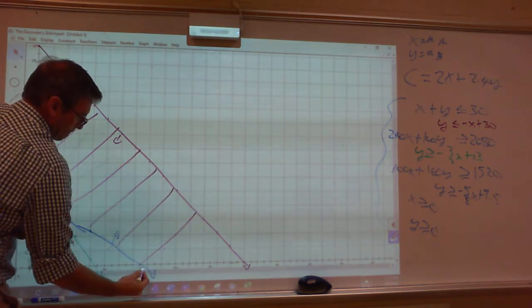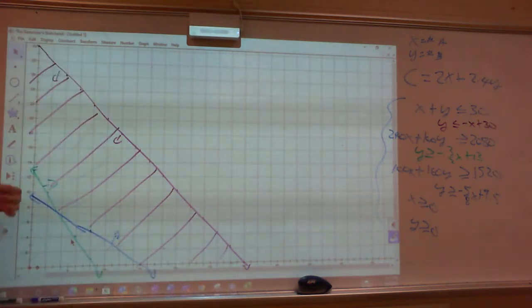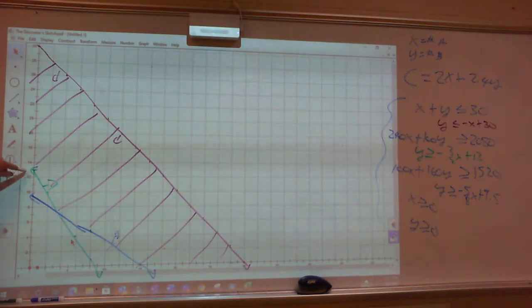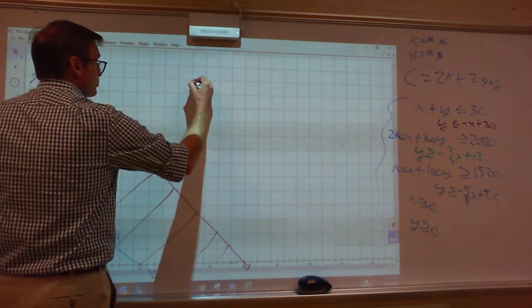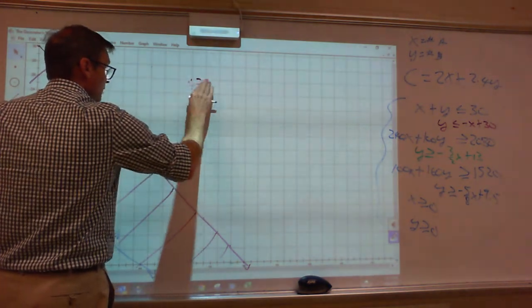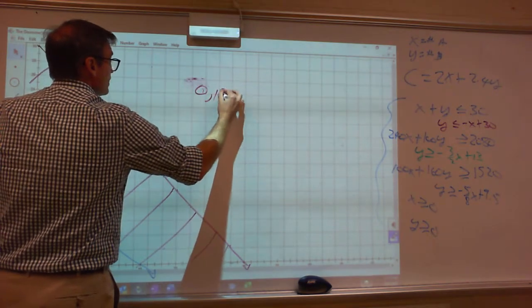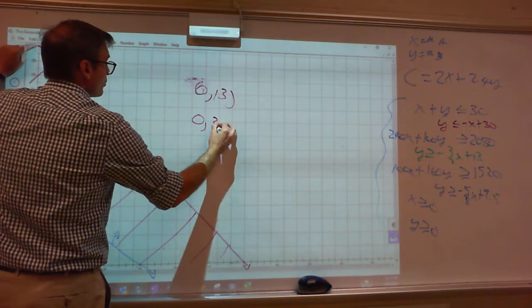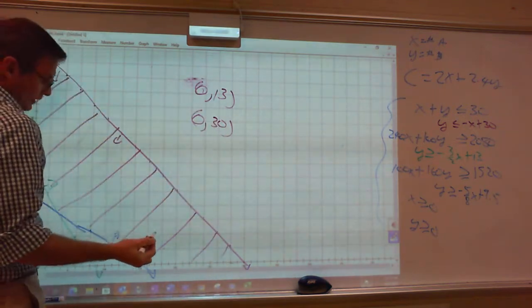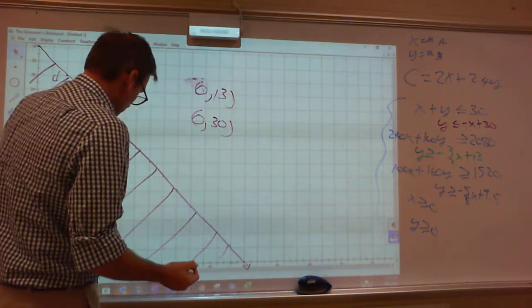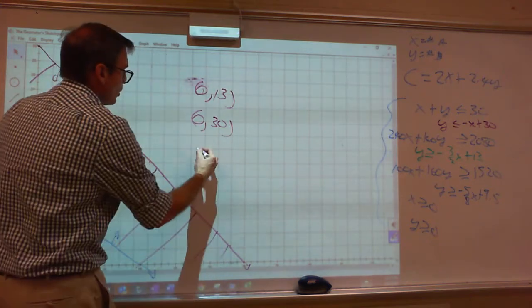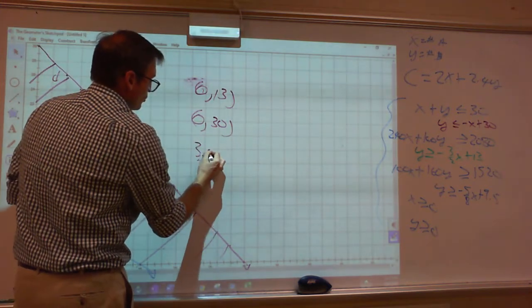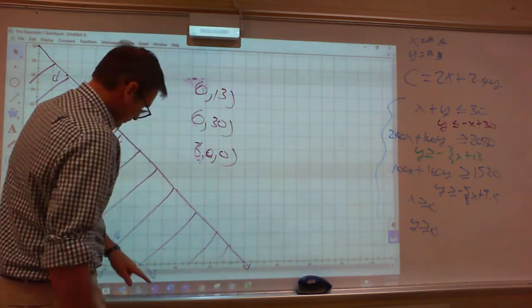More complicated region here. I still need my boundary points. So if I start looking for my boundary points, I've got one boundary point, this is 13. This is 0, 13. This is 0, 30. This ends up being 30, 0.